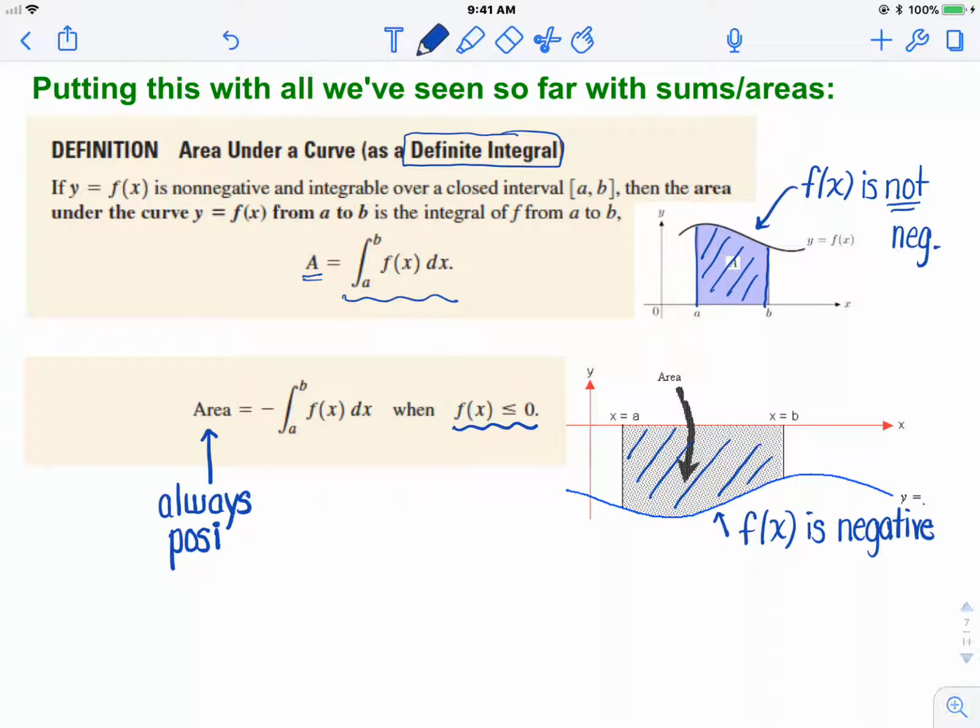So here's where the area and the integral have a slight difference. Area is always recorded as a positive number. So if I got the area of that space under the curve, it would be reported as positive. However, the integral is going to be the opposite, meaning it's going to be negative. So for instance, let's say the area under here was 5.